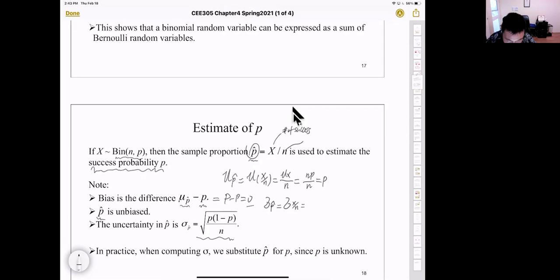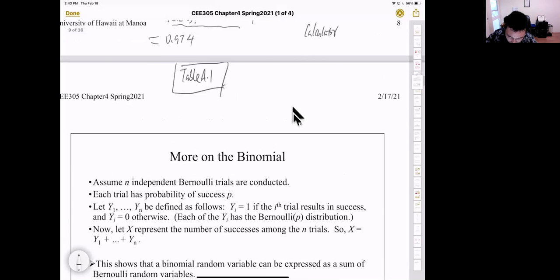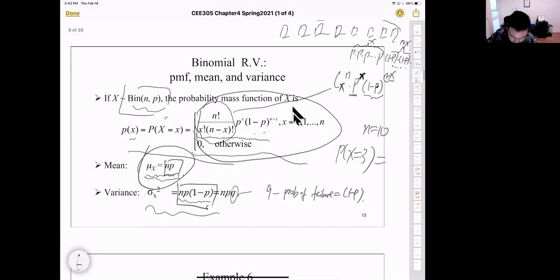Again, n is a constant, so it becomes sigma x over n. And sigma x for binomial distribution, we can figure out from here.